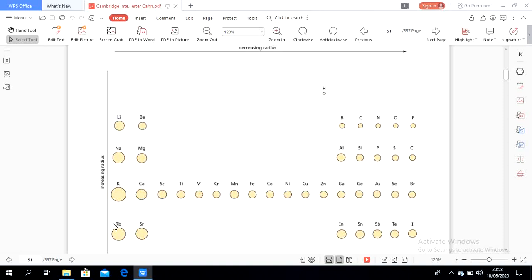And then across the period, we know there is a strong attraction between the protons and the outermost electrons in the outermost shell. So it has more attraction, which makes the electrons be pulled inward toward the nucleus. That makes the radius decrease.